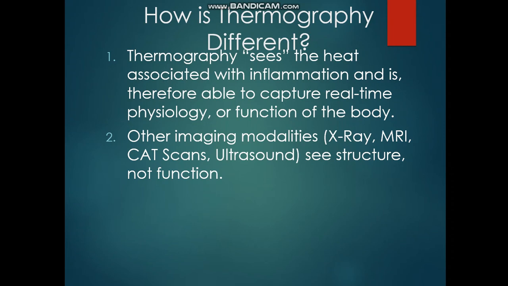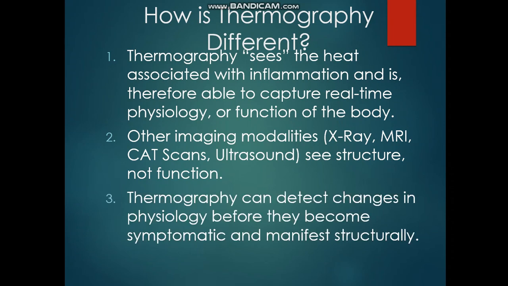Second, other imaging modalities such as X-ray, CAT scan, and ultrasound see structure, its morphologic changes, but not function. And finally, thermography can detect changes in physiology before they become symptomatic and manifest structurally.